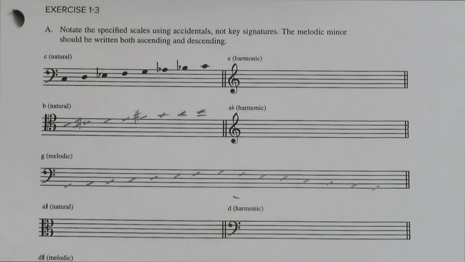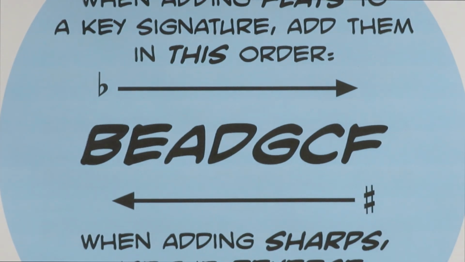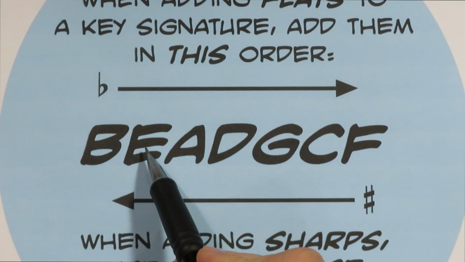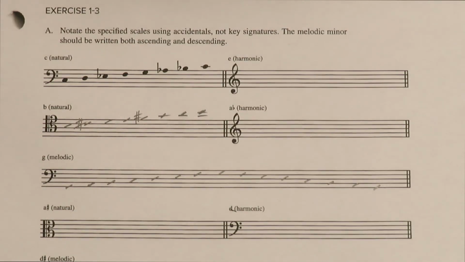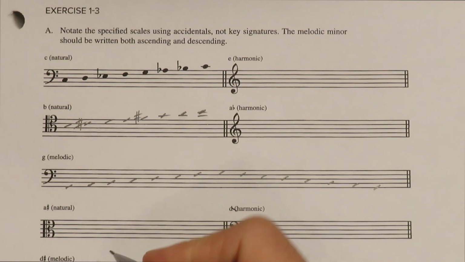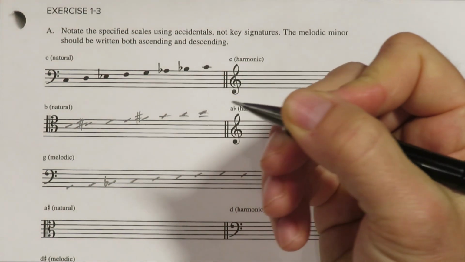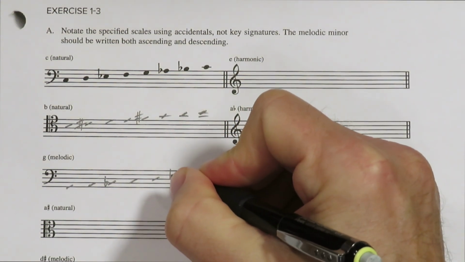And which flats are they? Well, we go here, and we can see that it would be B flat and E flat. Okay? So let's put in the B flat here. And for now, we'll do the E flat.